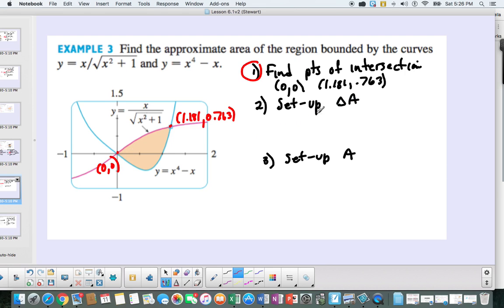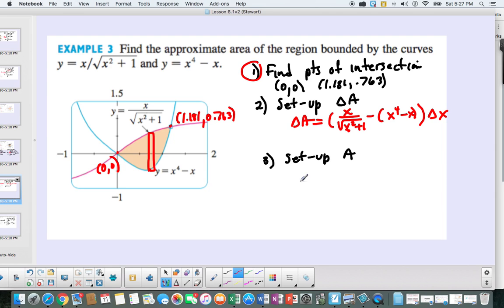And set up your delta A. So delta A is equal to y of the upper, which is going to be x over root x squared plus 1, minus y of the lower. Make sure to put that in parentheses. And then the widths of my rectangles are going to be delta x.